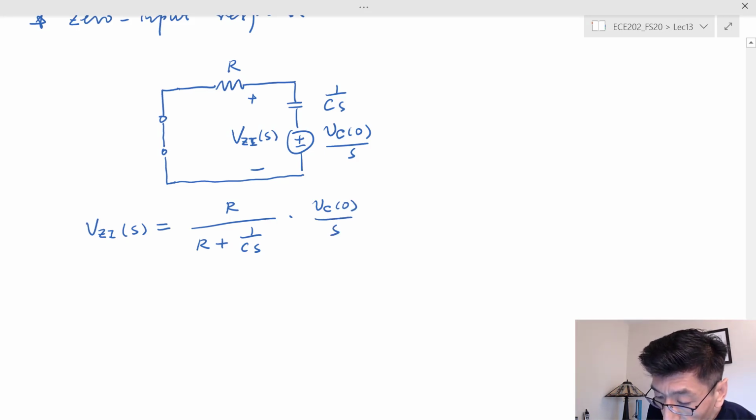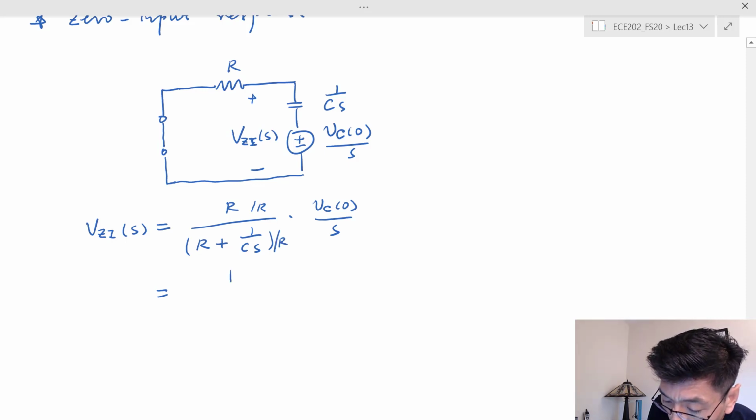Let's see if I can divide R on both numerator and denominator. So I divide by R and I divide by R. In this case, I get 1 over 1 plus 1 over RC times s.